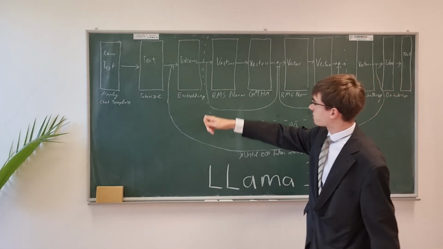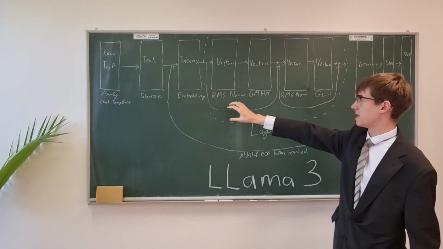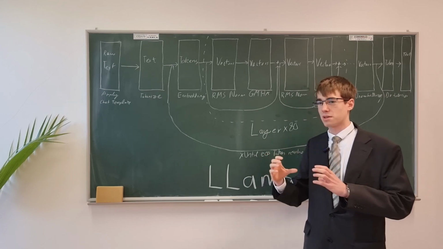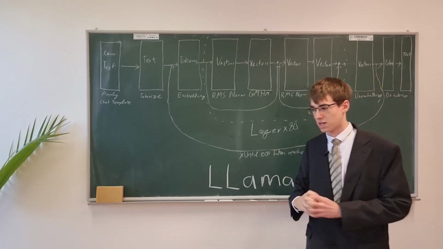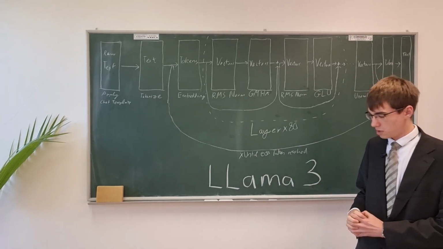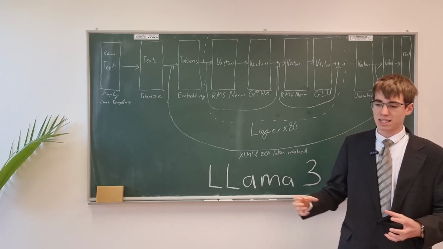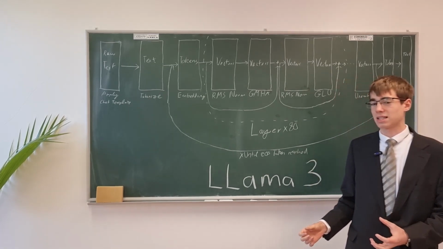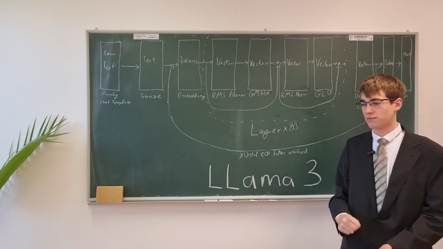Now, after we have these tokens, we still can't work with them very freely because a single number can't really encapsulate all the meaning of a word. For example, we may have the word cat. Now, the word cat incorporates the fact that it's a mammal, the fact that it has 4 legs, and it has fur.